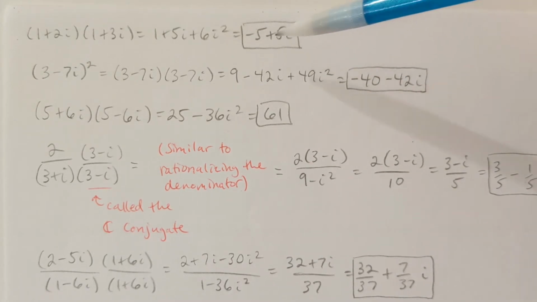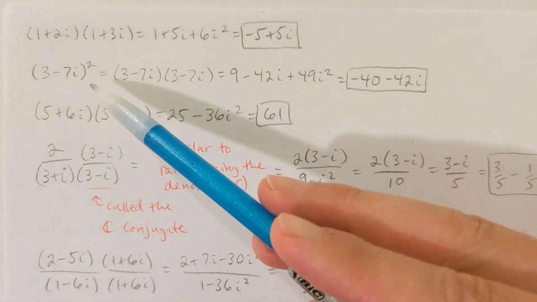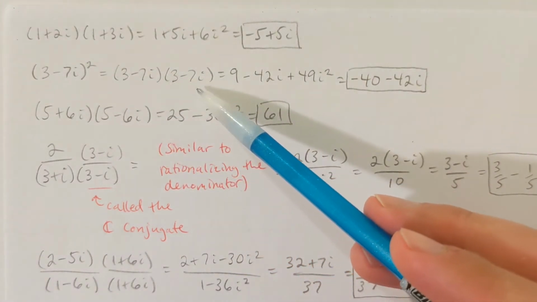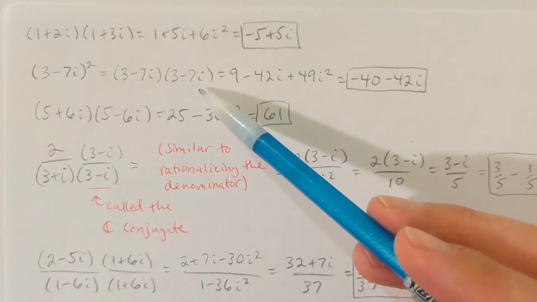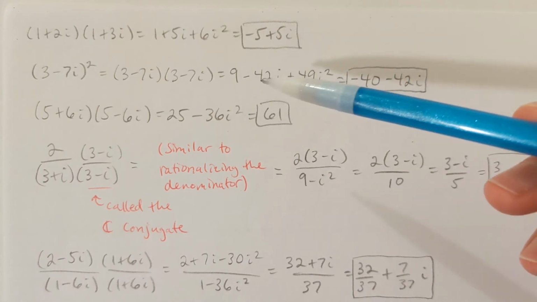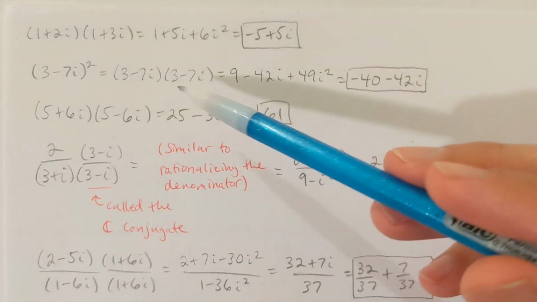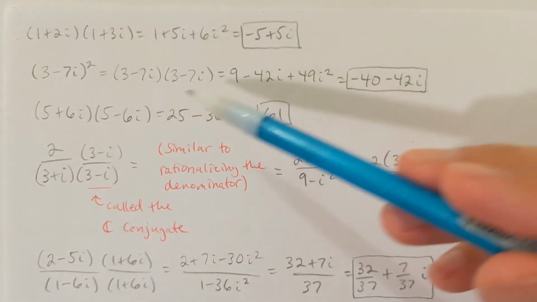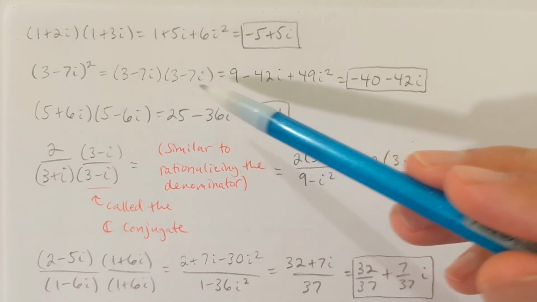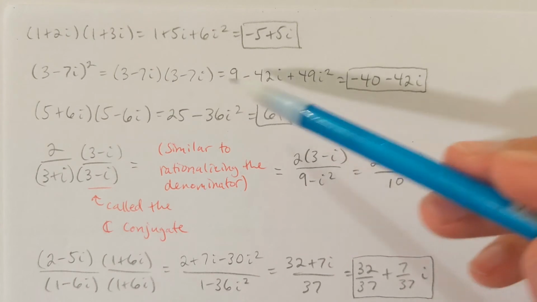Okay? 3 minus 7i squared gives me 3 minus 7i times another 3 minus 7i. So when I FOIL this out, 3 times 3 is 9. And then 3 times negative 7i, that's negative 21i, minus another 21i, gives me minus 42i.